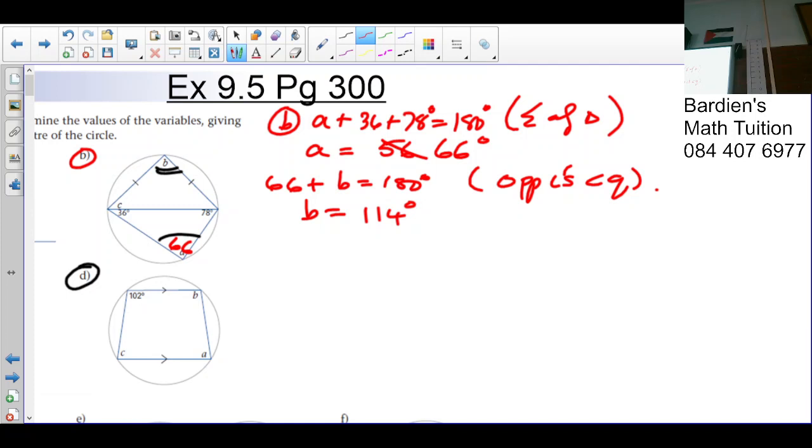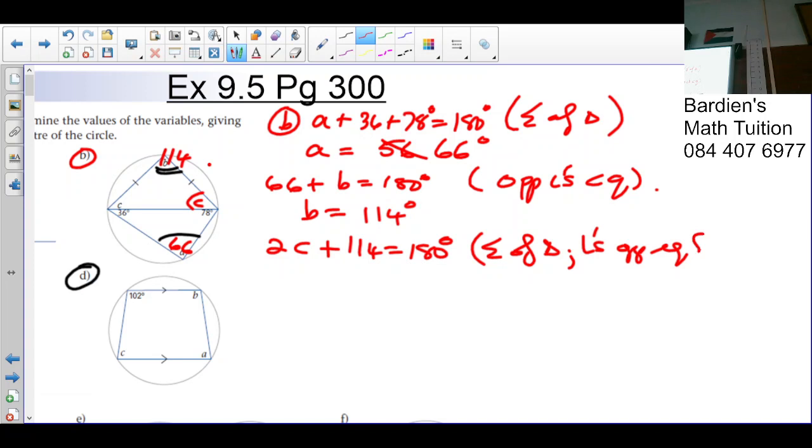Any confusion? How are you going to calculate C? But firstly, this is going to have to be C as well. Okay? So we're going to say 2C plus 114 is equal to 180. Reason? There are two reasons that I'm using here. Sum of angles in a triangle. The triangle's name is not given, so I'm not going to say which triangle it's in. And we used angles opposite equal sides.